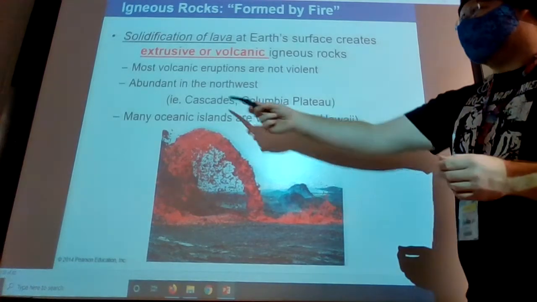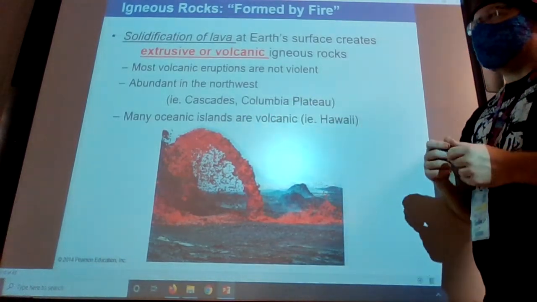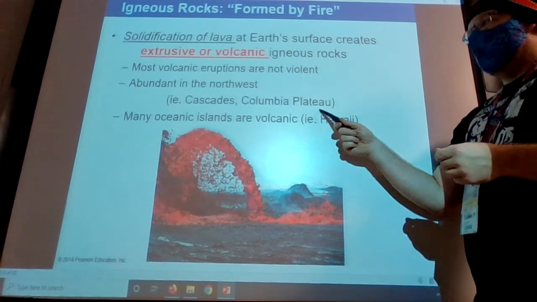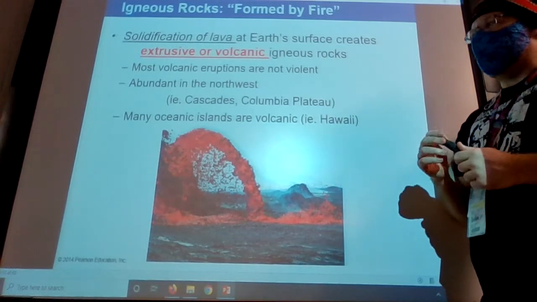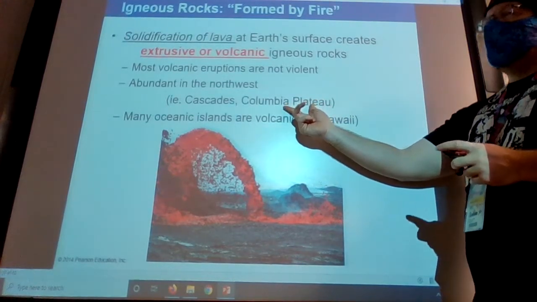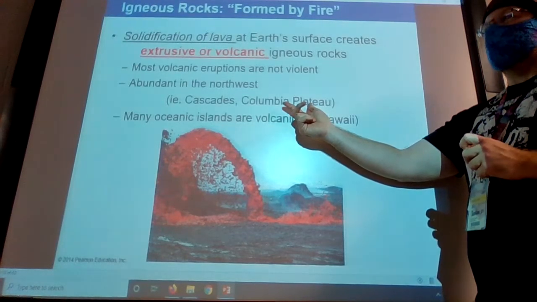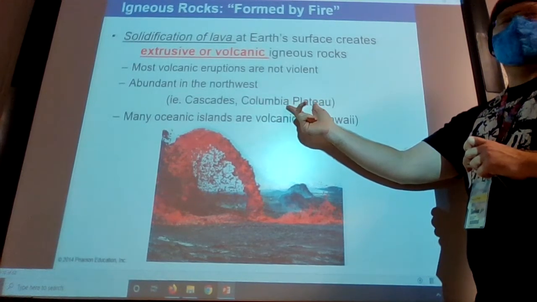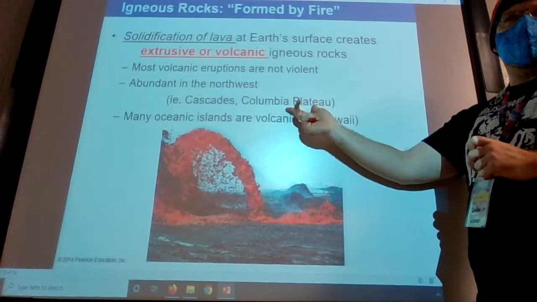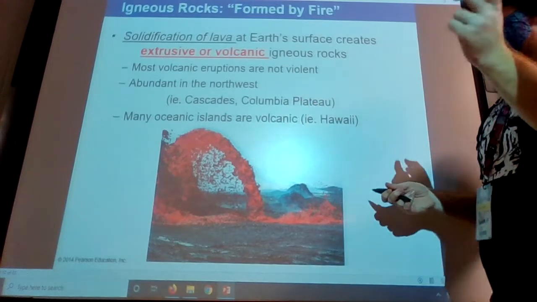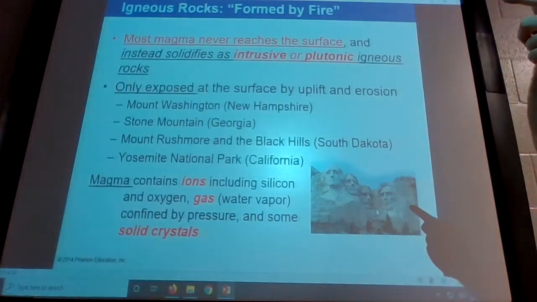So we have the Cascades, the Columbia Plateau, which is a very big volcano. I believe the Columbia Plateau and the Green River basalts are from the last Yellowstone supervolcano eruption. So we should see a map of that. If not, I will look it up real quick.